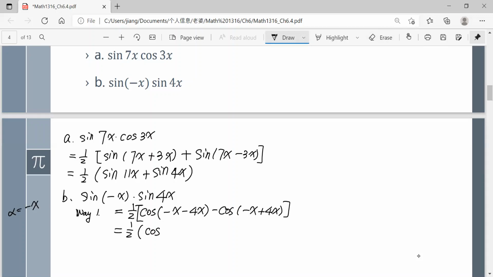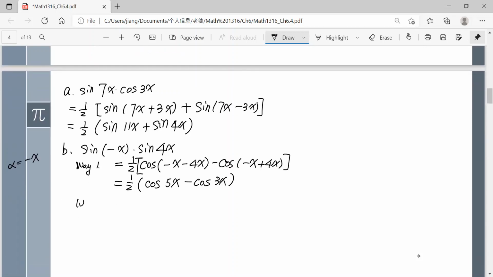Negative x minus 4x is negative 5x. But cosine is an even function, so cosine negative 5x is cosine 5x. And then another term, minus cosine of negative x plus 4x, that's 3x.